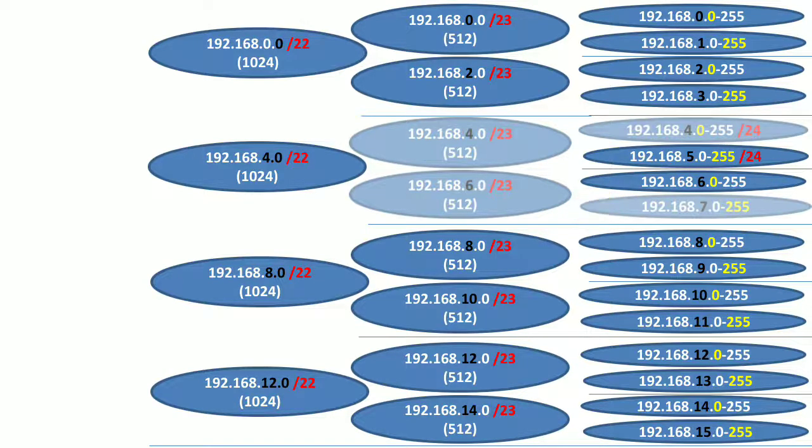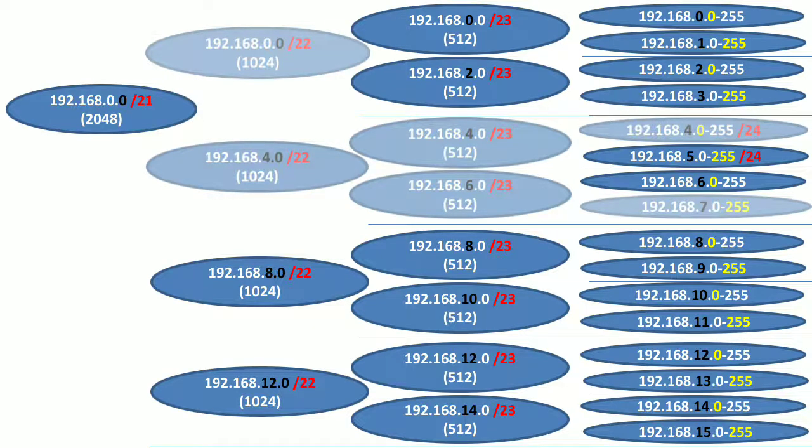Now you can further supernet these two networks into a single network, but this time with /21 subnet mask, and the first IP address of the first network would be the subnet ID, that is 192.168.0.0/21, and the last IP address, that would be 192.168.7.255, would be the broadcast IP address.